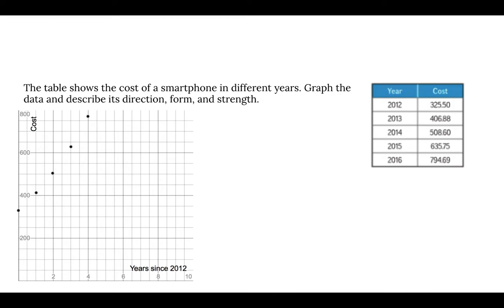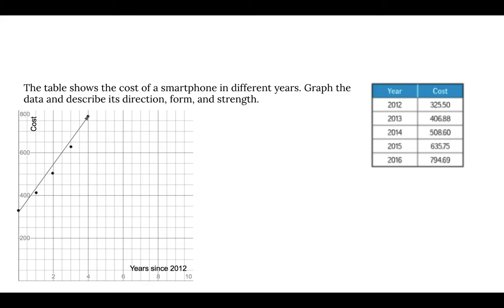Now you see the data. So we'll start with the direction. Now, if you look at the direction from left to right, it is going up. So that means that we have a positive direction. Form. Now, I use kind of this idea of a line of best fit to see would it possibly be linear or could it possibly be nonlinear.